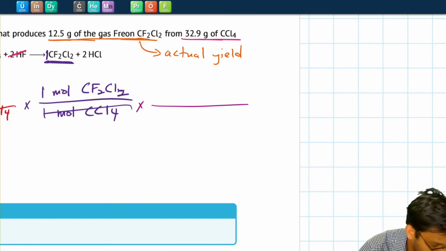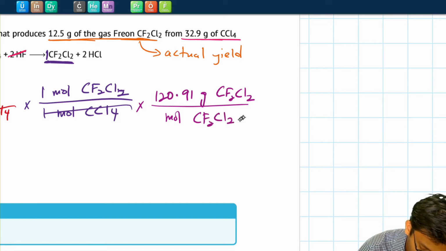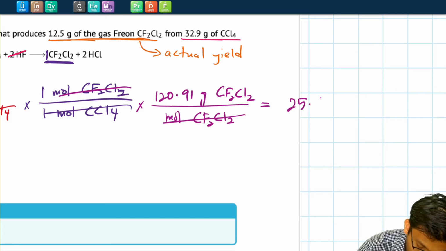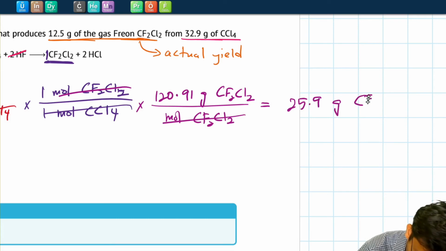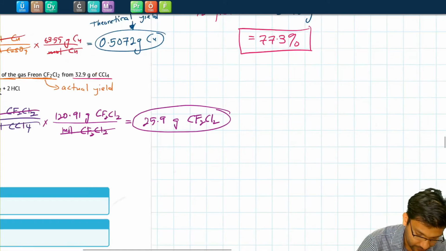The molar mass of Freon is 120.91 grams of CF2Cl2 per mole of CF2Cl2. So you plug all of this into your calculator and you get 25.9 grams of CF2Cl2. I'll circle this for now.